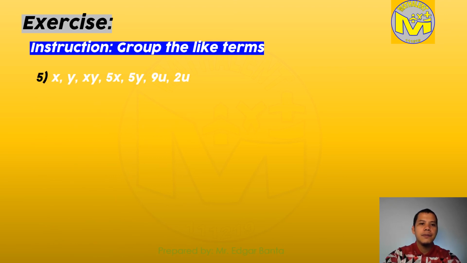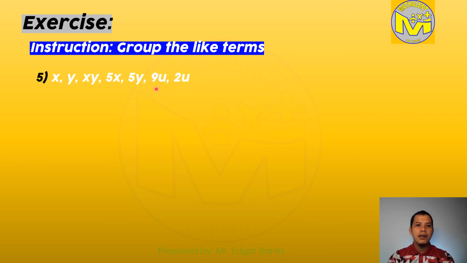Number 5. We have how many terms? 1, 2, 3, 4, 5, 6, 7. We have 7 terms. Let's group the like terms. Now we have x, y, xy, and u.